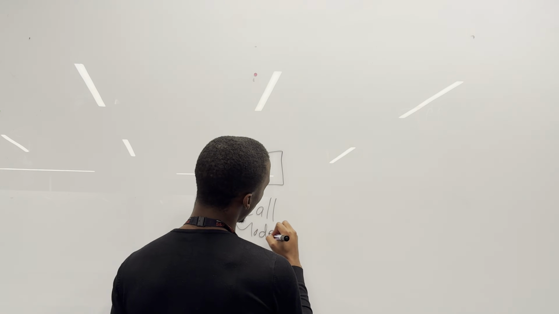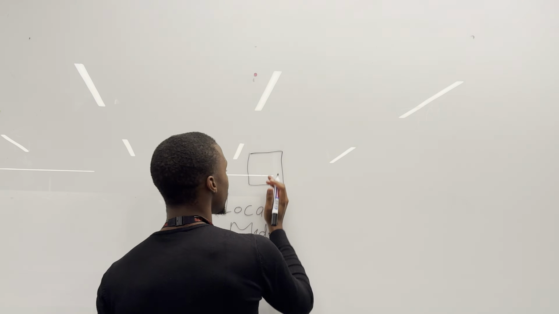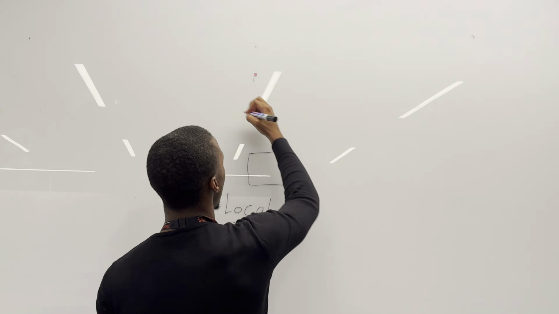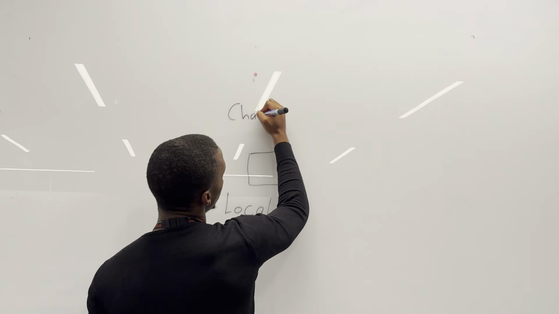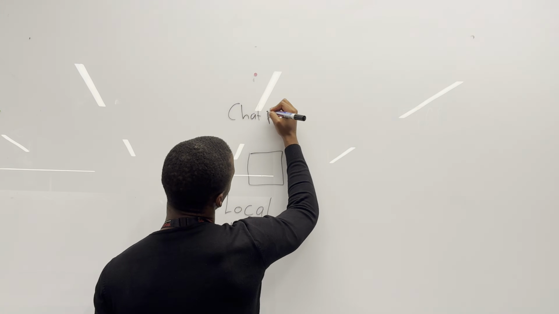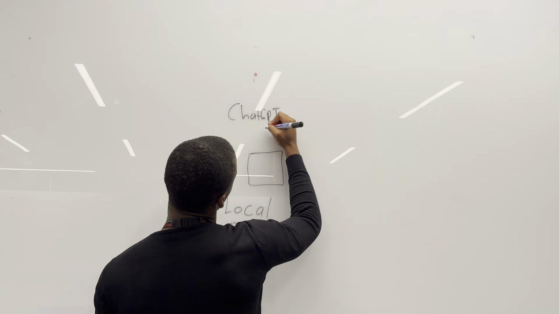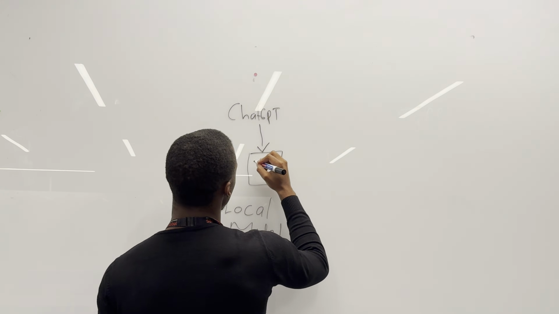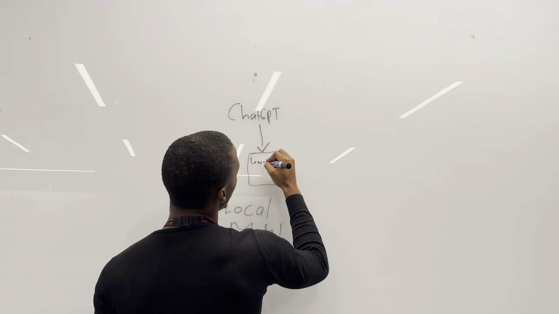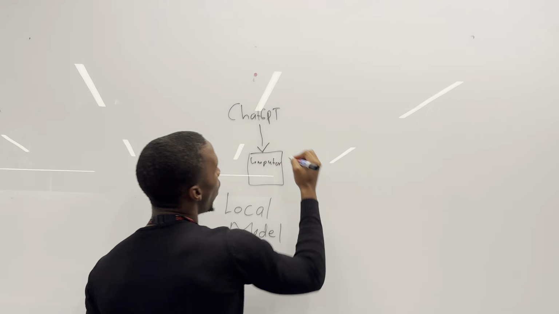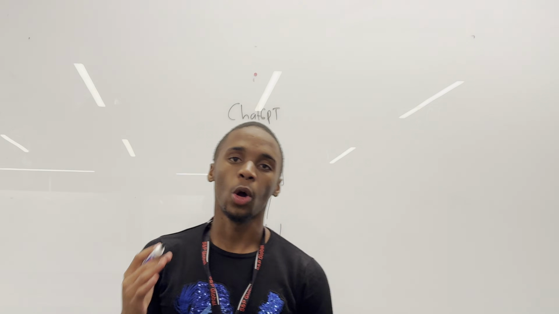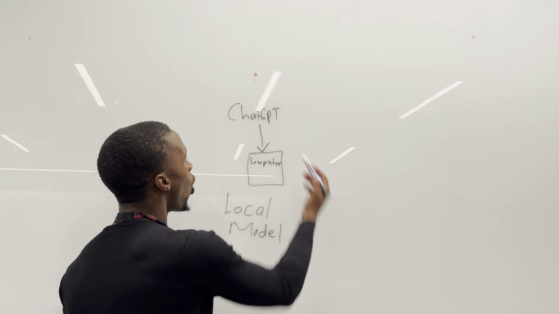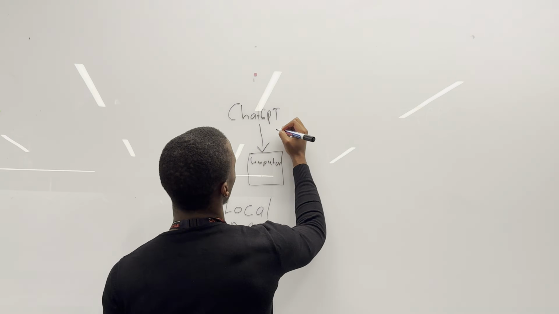So a local model is basically a ChatGPT that is downloaded onto a computer in your business. What this computer does is it hosts the full file of the ChatGPT.